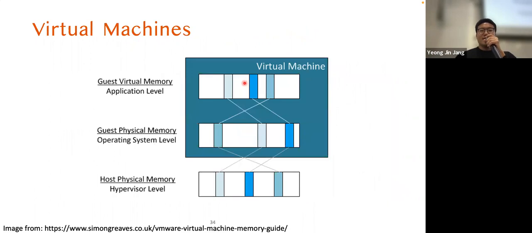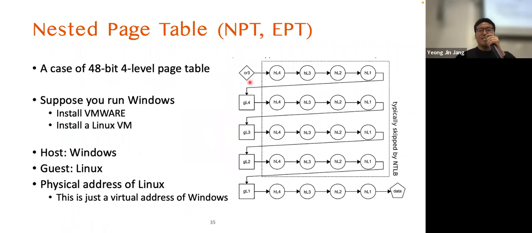So CR3 will store somewhere in this space. That's not the actual physical address. This is a virtual address of the Mac. That's why that address needs to be translated to get the physical address of the next one.